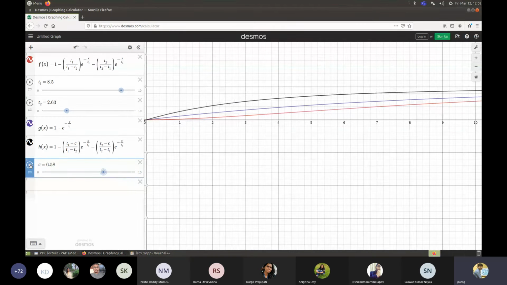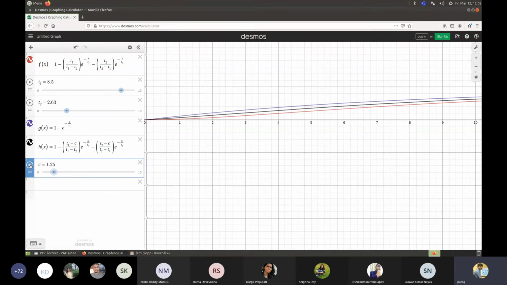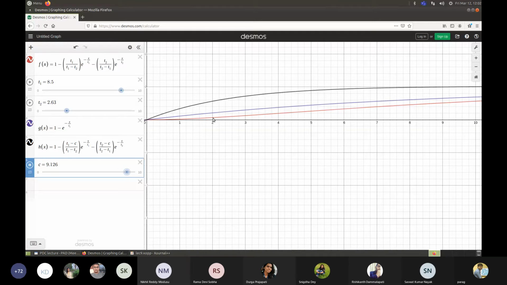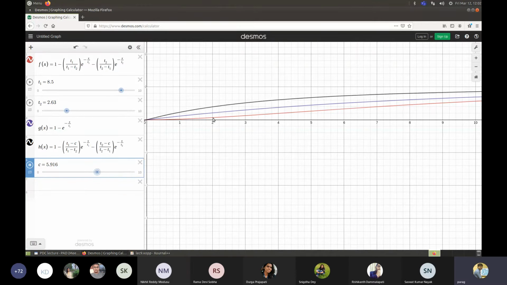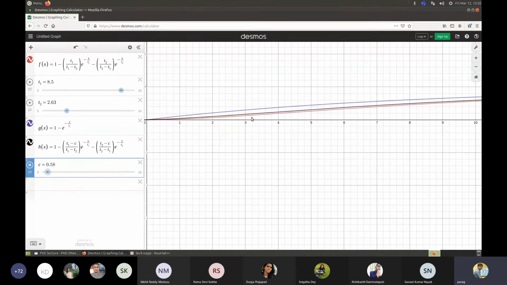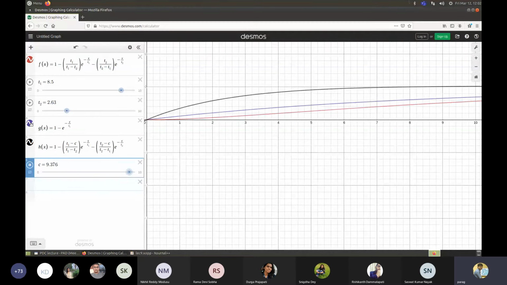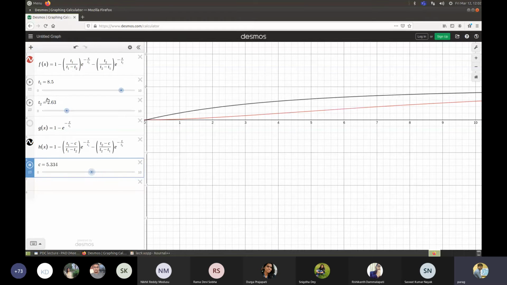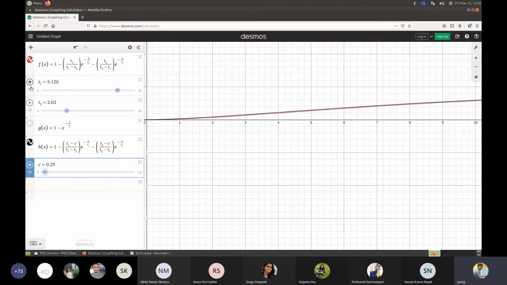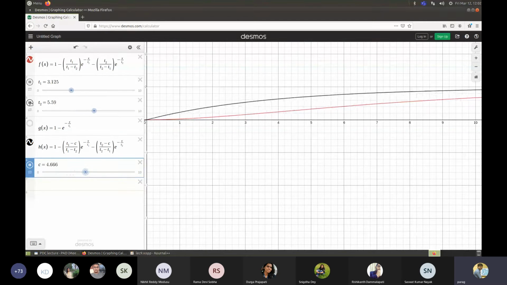What's going on is, so what are the two colors that we need to compare? We need to compare the red one with this one. So let me put it and let me start animating this.